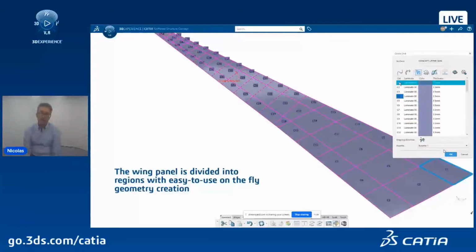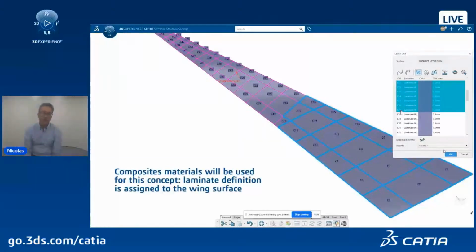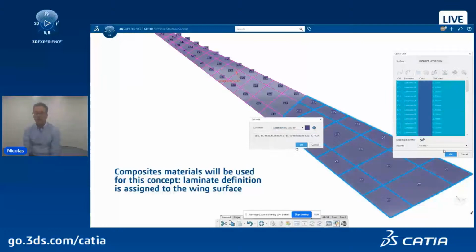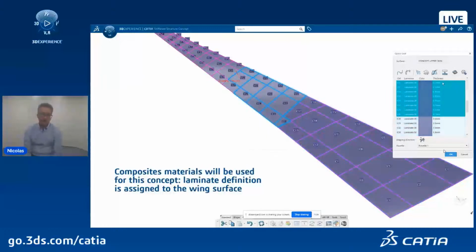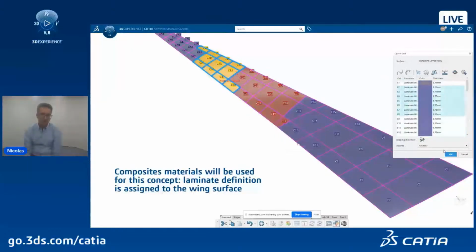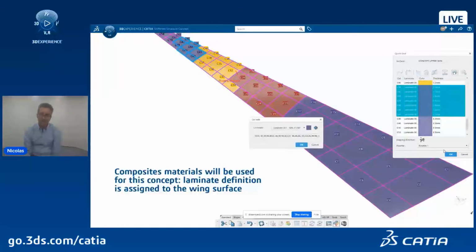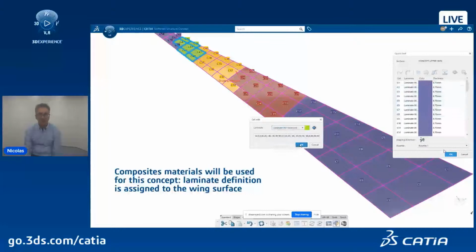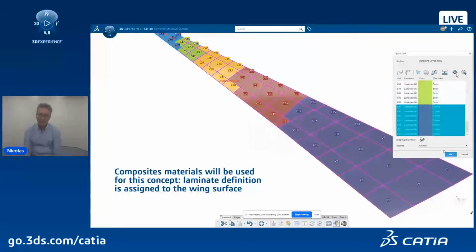As you can see, it goes really fast. That's what we call the quick grid, to create cells on your surface where you assign some materials and thicknesses. So in this case here, it's composite materials, and we have predefined laminates. I'll go more in details into that later.